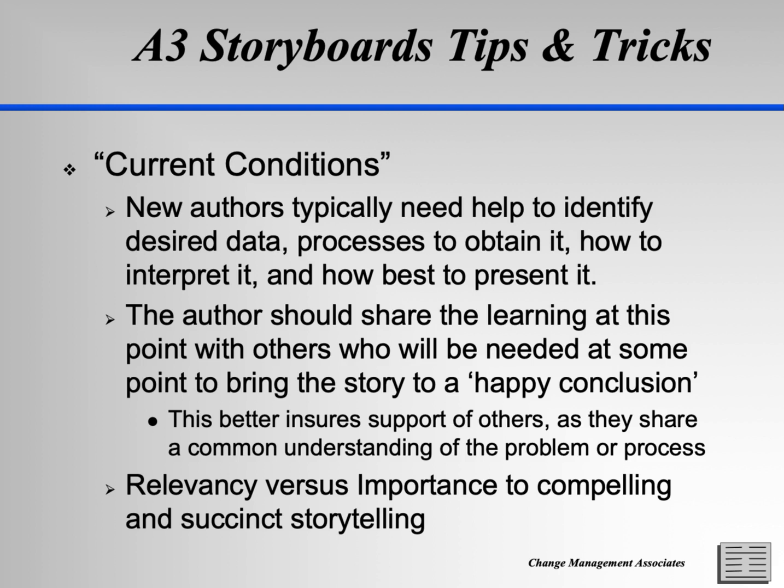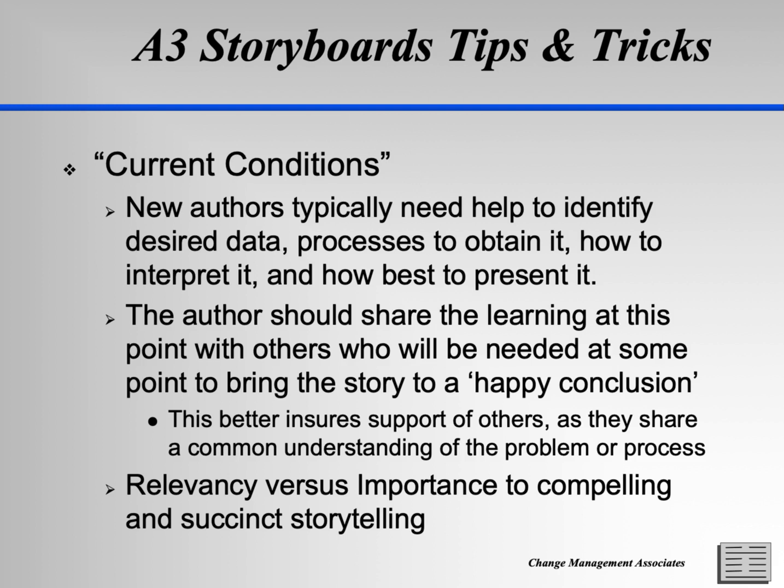Lastly, it is important for the author to determine what current condition information is really important to telling the story. All the information that has been gathered is relevant, but some is more important than other. I often have to remind authors that it is not about overwhelming people with what the author has learned, but about telling a succinct, compelling story.